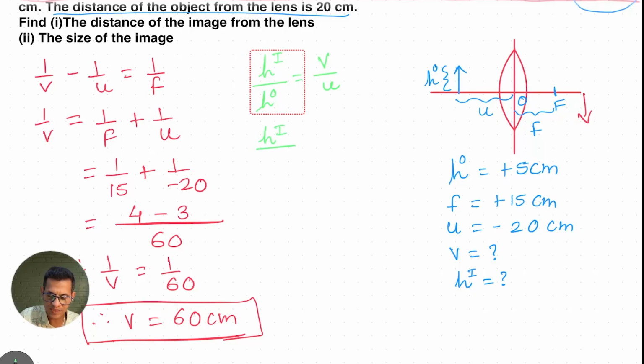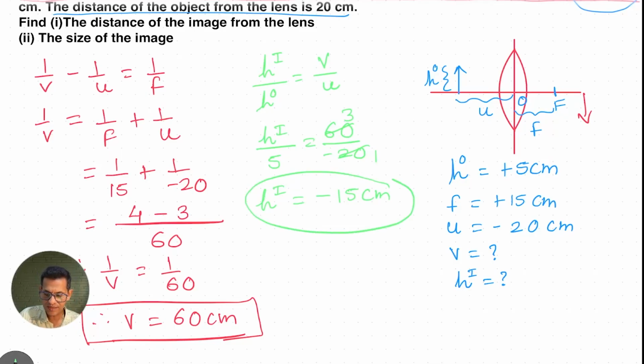The height of the object is given to us, that is 5, is equal to v is 60 as we have just found out, and u is negative 20. So I'll cancel. 2 ones are 20, 2 threes are 60. If I cross multiply, the height of the image comes to, since there is a negative sign left, negative 15 centimeters.